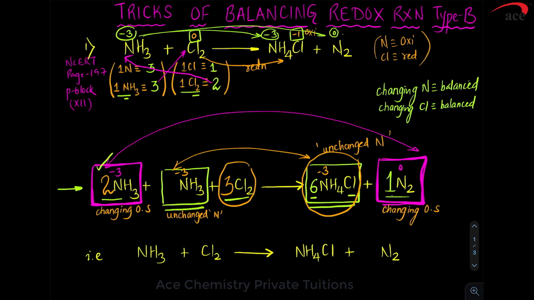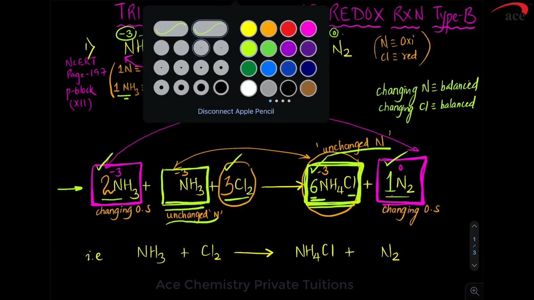Now if you check, this number has come, this number has come, this number has come, and this number has come. Now from where can we get this number? You should remember this is unchanged nitrogen, and in this case also unchanged nitrogen is there. So from this only you can get that. How many nitrogen are present here? 6.